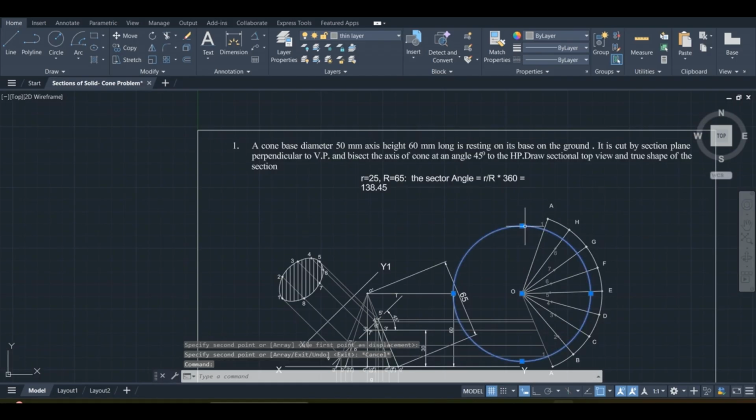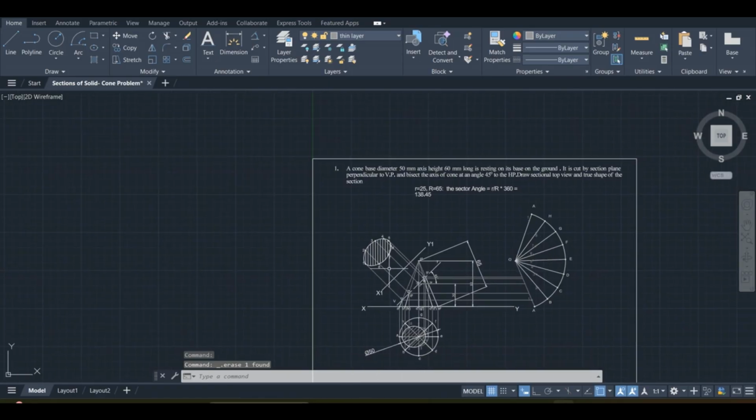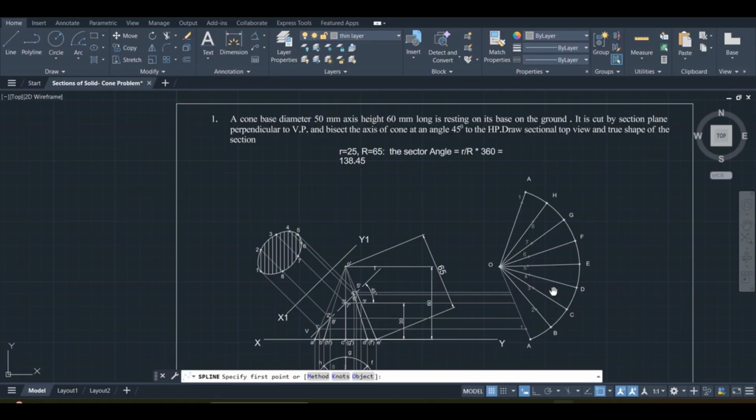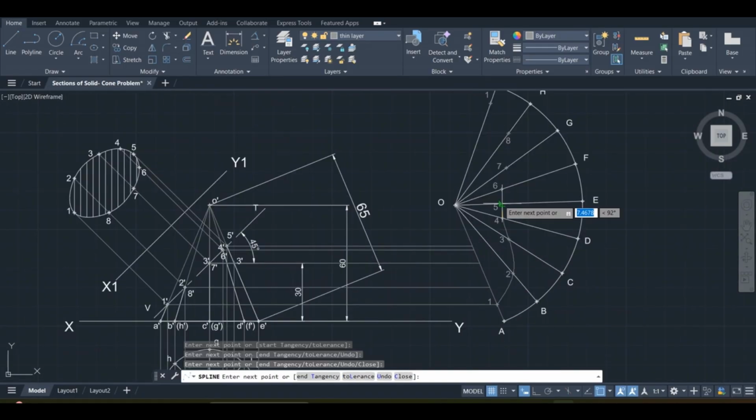Yes, now delete this circle. Now use the spline to join these points. Since the cone has a curved surface, we have to join these points using a curve. Click the last point and click on end tangency, enter. So it comes like this.